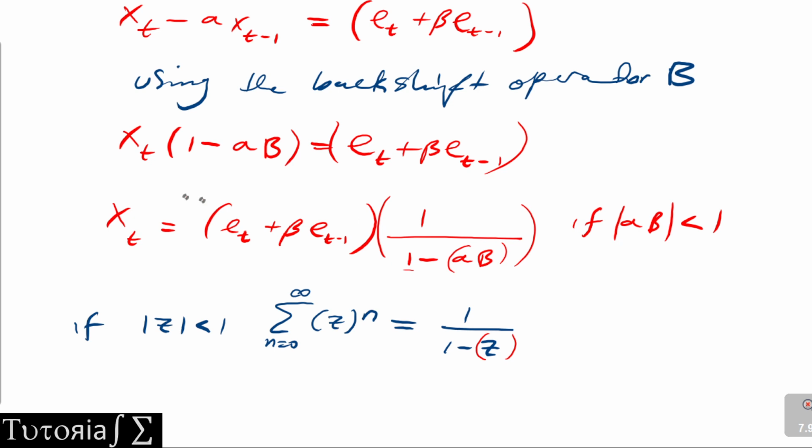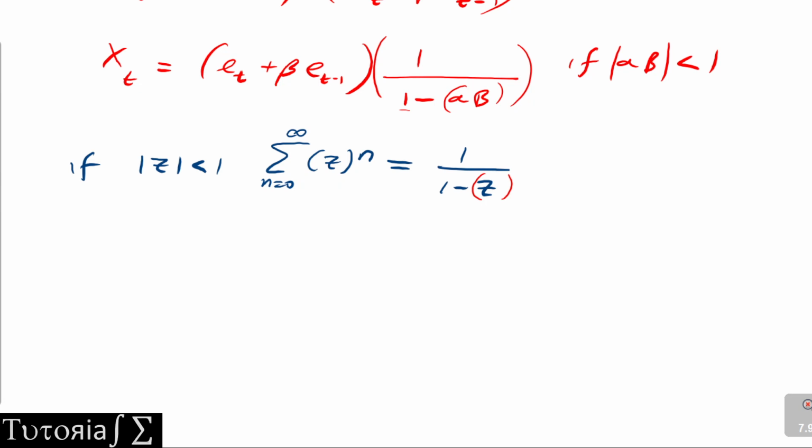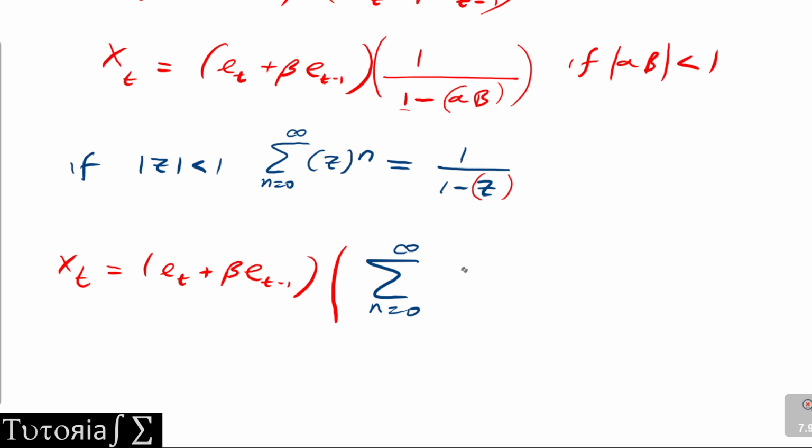So basically, we are going to write xt as et plus beta et minus 1 times this, which now becomes the sum from 0 to infinity, open brackets, to the power n.